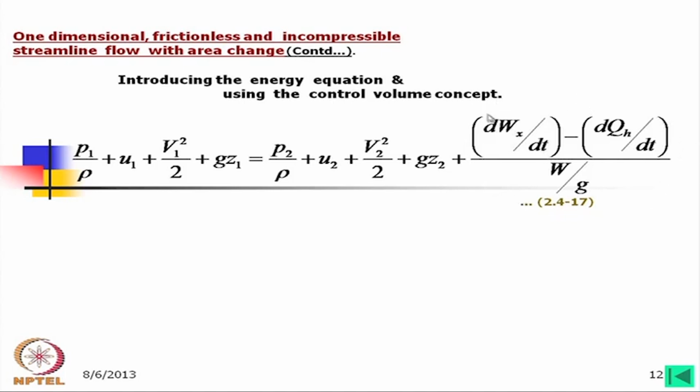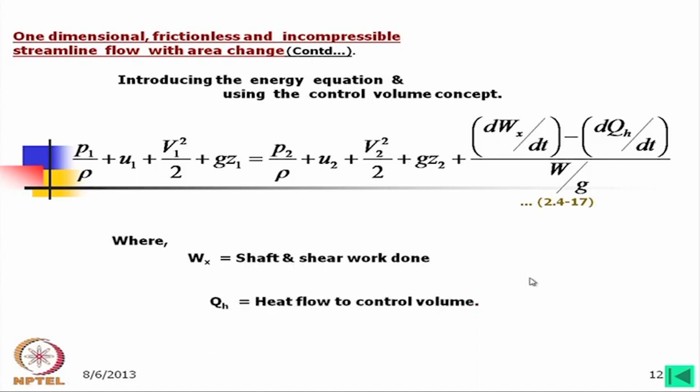This is the work added minus dQH by dt divided by W by G. Here Ws is the shaft or shear work done, and QH is the heat flow to the control volume. Here the question is why it is negative; the heat flow out actually reduces this energy.